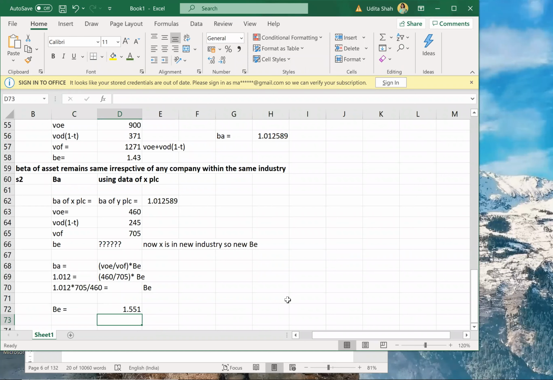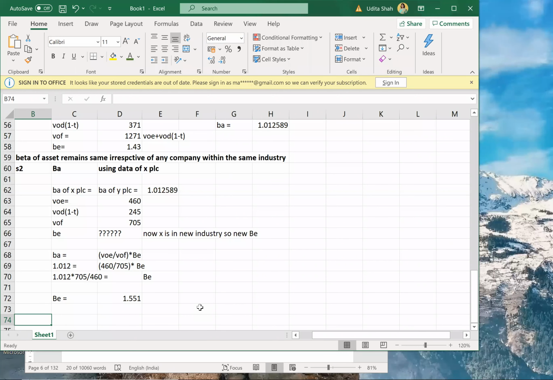So if you guys have understood this, just check. So now what is this beta of equity?